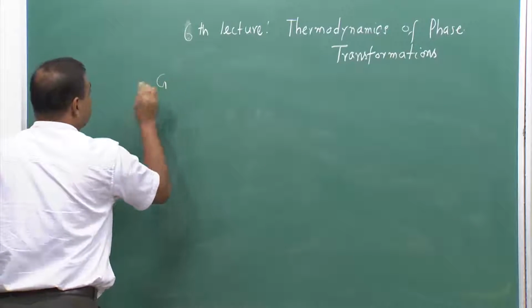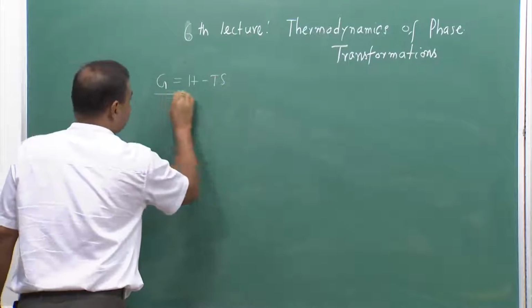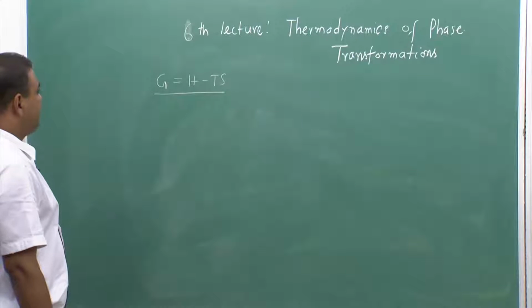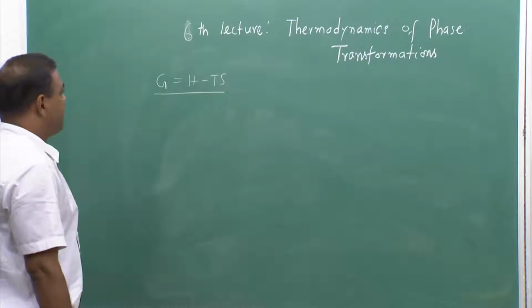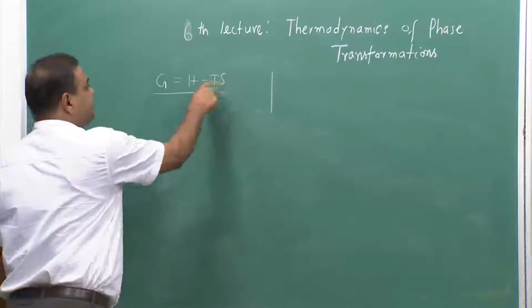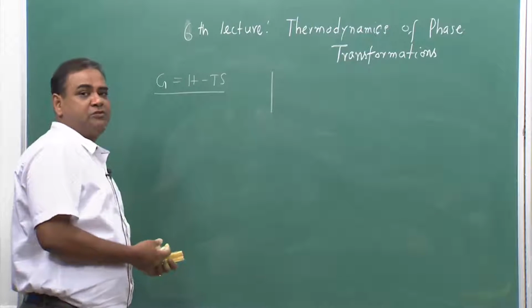Now, we know G equals H minus TS. At the same time, our understanding says that the absolute value of these state functions is not possible to find out.